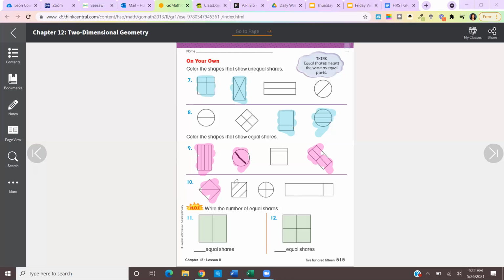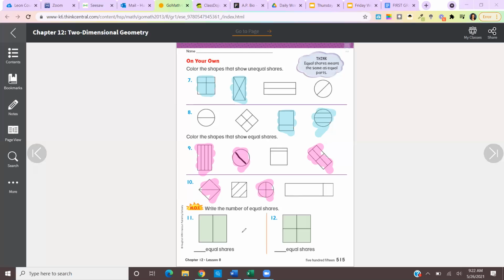No, those two corner pieces are not the same size as the two inside pieces. What about this circle? Does it show equal shares? Yes, so we need to color it. And then last and not least, what about this rectangle? Does it show equal shares? No, it does not.